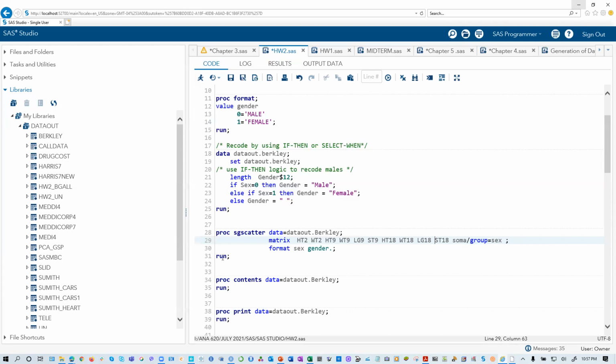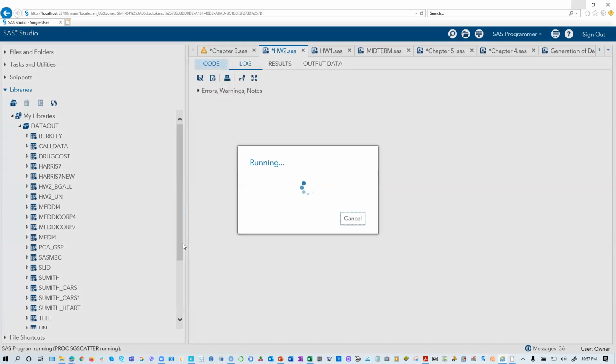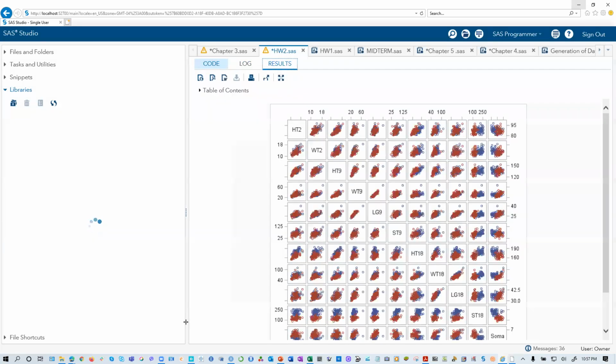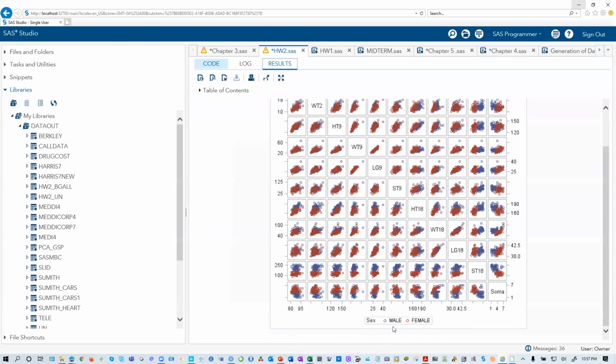So you get the male and female. Otherwise, you get 0 and 1. Male for the blue colored one, female for this one.